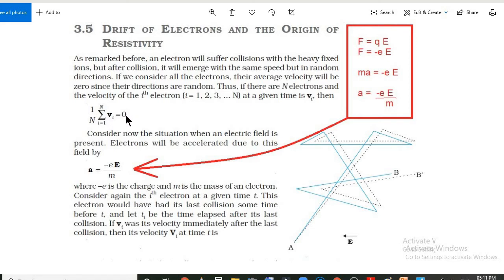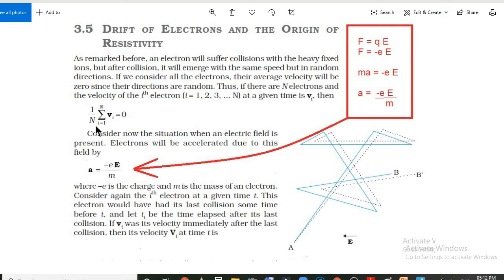Then if you are averaging it, total velocity divided by total number, that is summation over i equals 1 to n of vi divided by n, represented here as 1 by n into summation over i equals 1 to n of vi, that is equal to 0.